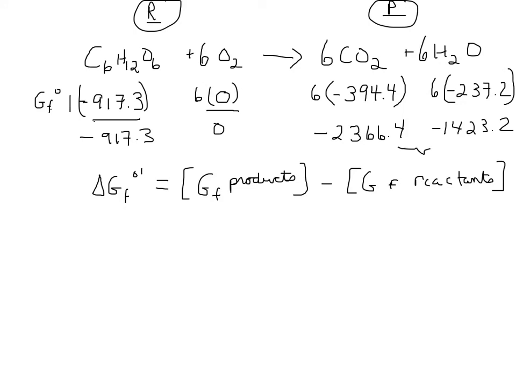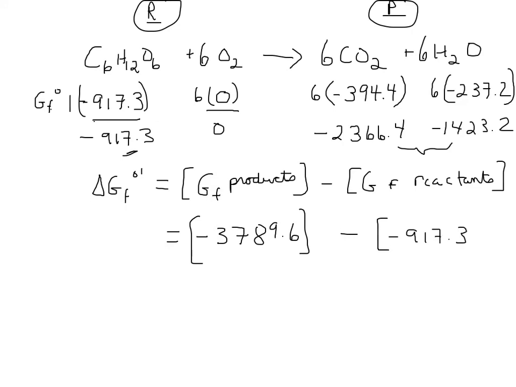If I sum these together, I'm going to get negative 3,789.6, and I'm going to subtract this value over here, okay, negative 917.3, because the 0 contributes nothing, and I'm going to end up with negative 2,872.3, and the units are kilojoules per mole.